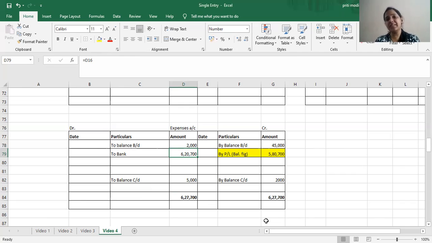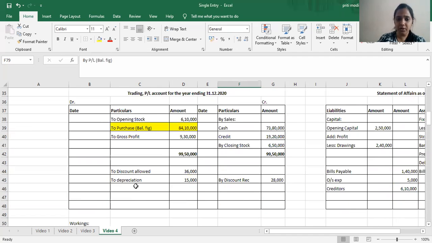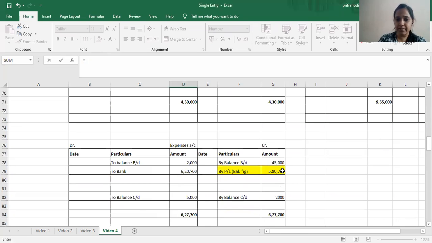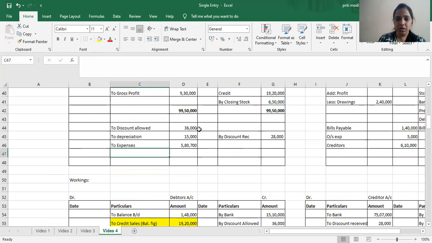So because of these things, you had to prepare your expense account. You can also prepare it in a statement form, not preparing a ledger account. So 5,80,700. We are writing it over here, to expenses. Fine. So all our workings are closed.